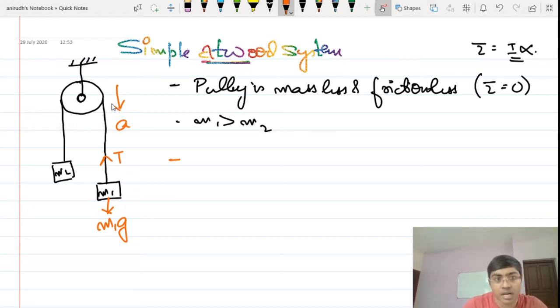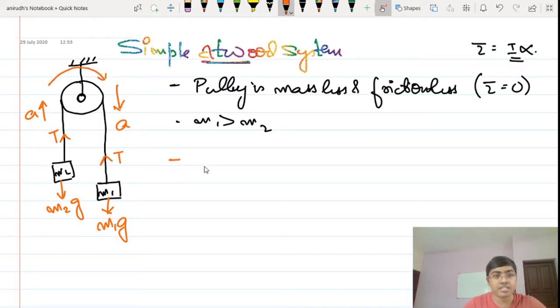Since the pulley is massless and frictionless, the same tension will be going across this, and this is the tension. So tension across the pulley will be the same provided there is no mass and no friction for the pulley, right? So this is m2 g, and I say that the acceleration is towards this side in case of m2. The whole thing is actually moving in this particular direction.